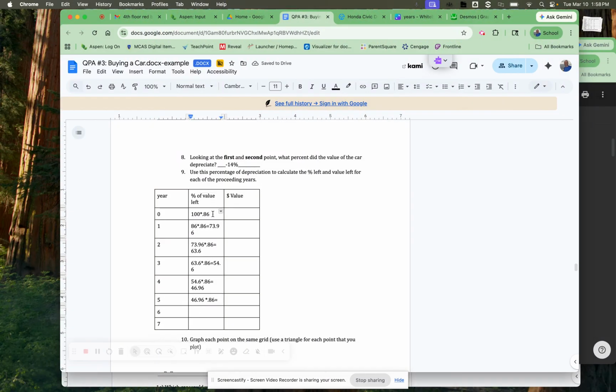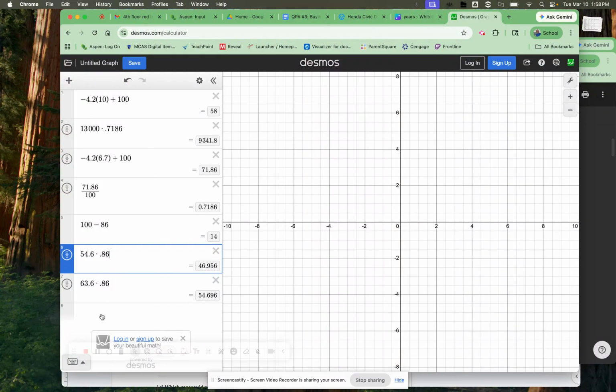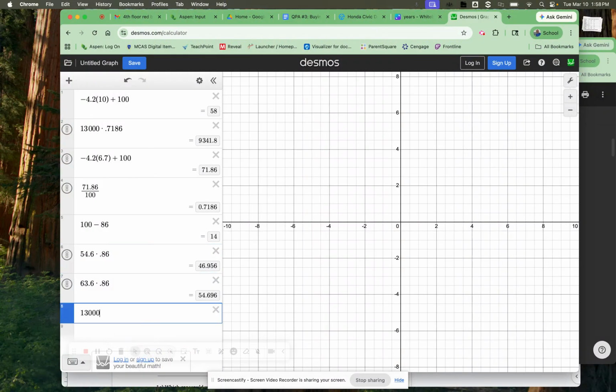And then I've got to figure out the values. I already have my value at 100%. Oh, this is 100%, and the value is going to be 13,000. And then 86%, I'll take 13,000 times 86%, and that's 11,180.